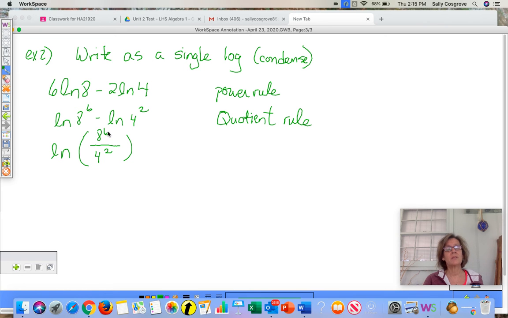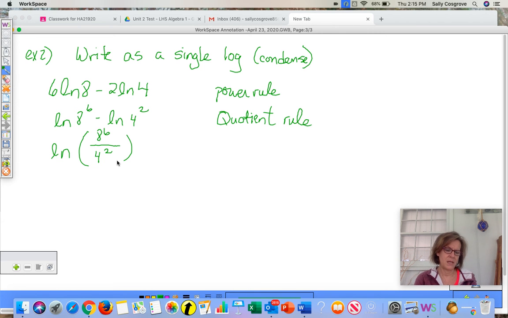Or you could say 8 to the 6 divided by 4 squared. You would get a large number, and then you'd be like, oh, well, can I rewrite that using expressions? So anyway, a couple of different ways. If you just do this, and that's acceptable.